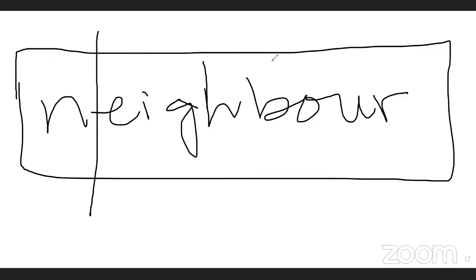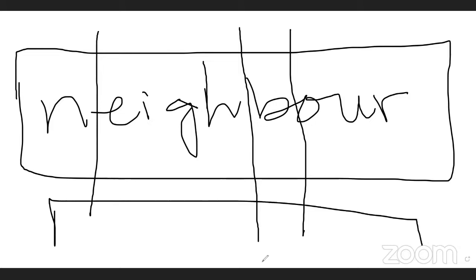EIGH is saying the long A sound, break it. Bur, like break bur, and OUR. This is British English. If you are following American English, you won't write U here. It will be OR.